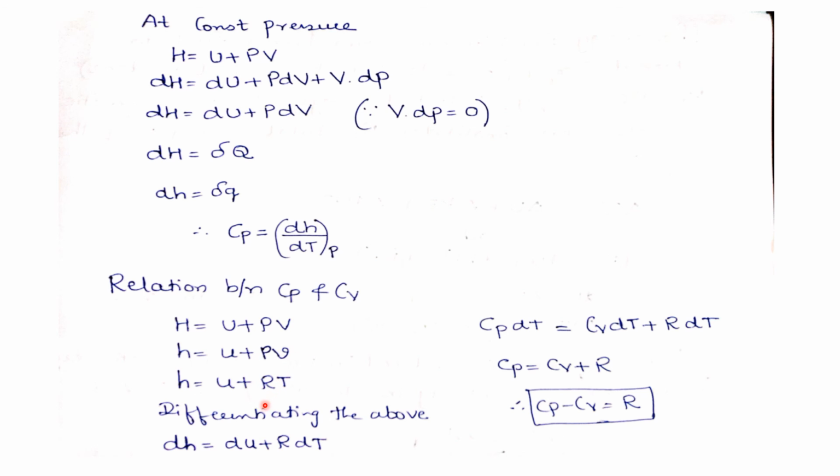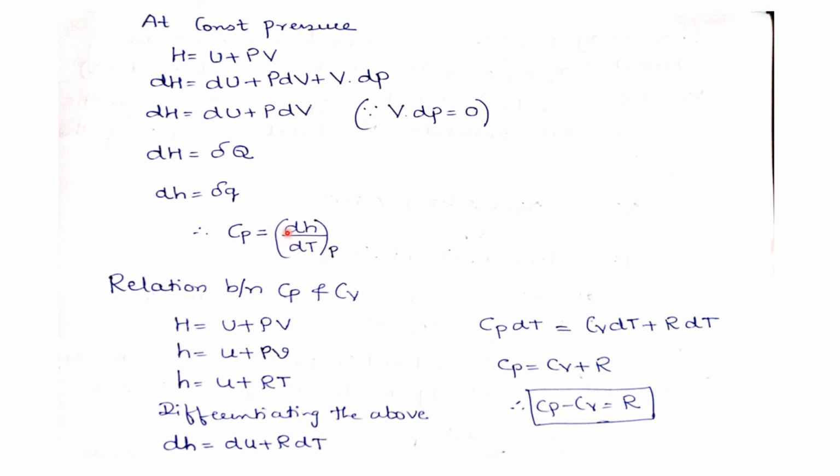So PV is replaced here by RT. H is equal to U plus R into T. Now differentiating this equation, dH is equal to dU plus R into dT, because R is constant here. So differentiation of T will be dT.